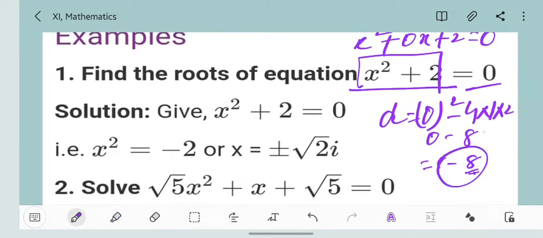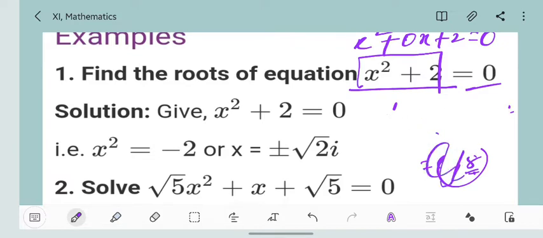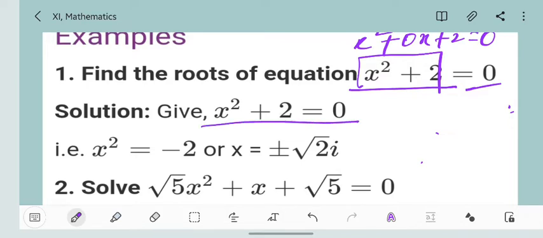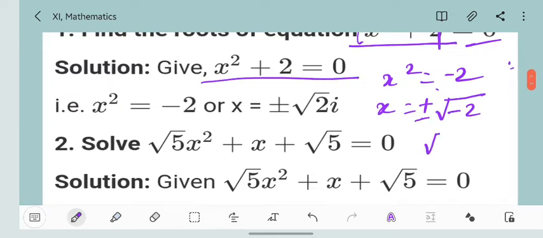Or simply we can write x squared plus 2 equals 0, so x squared equals minus 2, or x equals plus minus square root of minus 2. As we know that the square root of minus 1 is iota, which is i, simply we can write plus minus square root of 2 i.